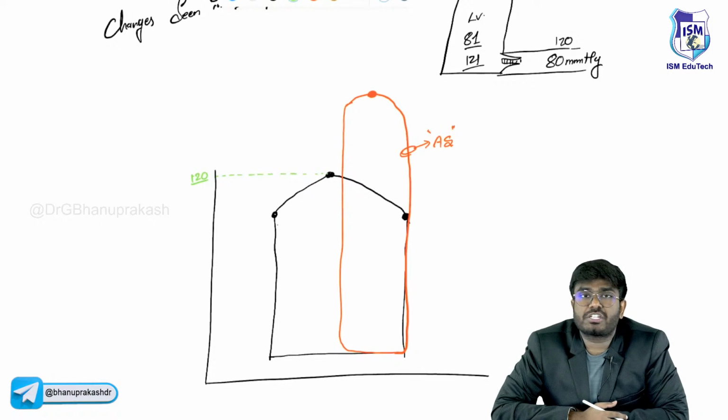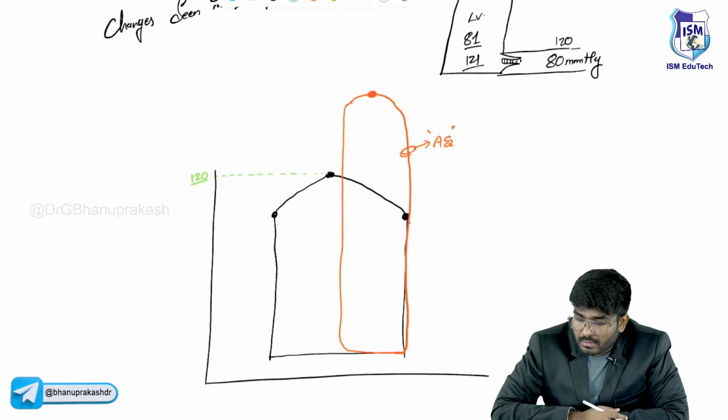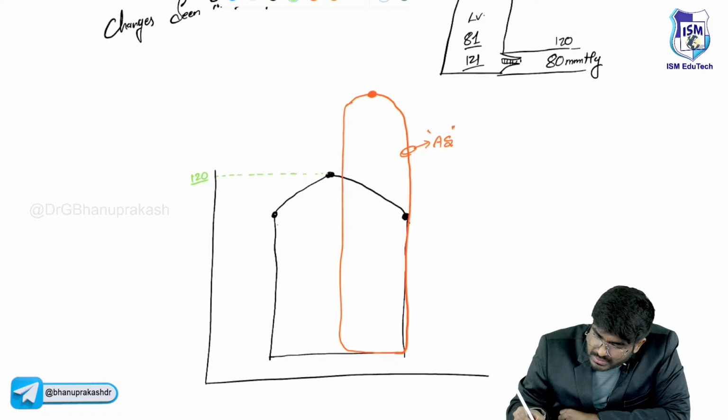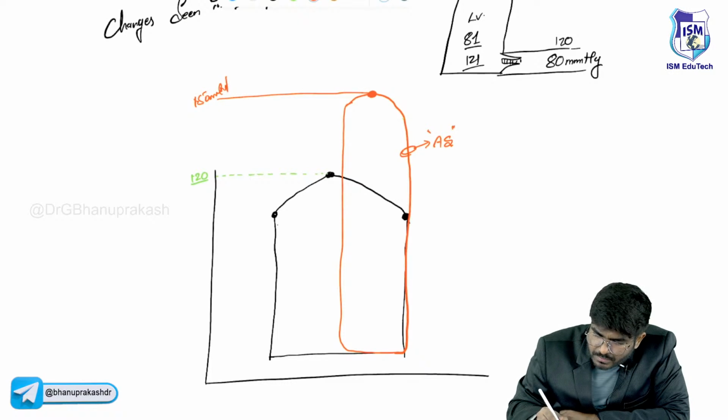But the patient suffering with aortic stenosis will generate more pressure. In order to open the aortic valve, he has to generate more pressure. So pressure-wise it is increased. Now he is generating maybe 150 mmHg pressure.